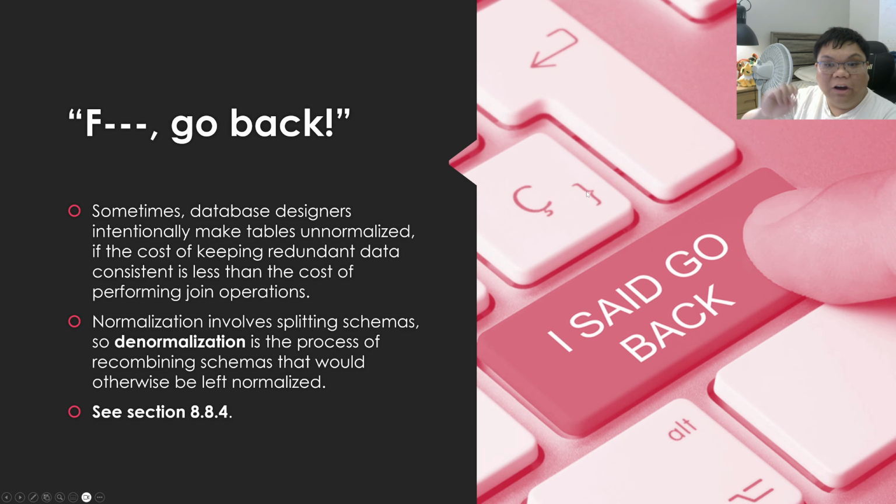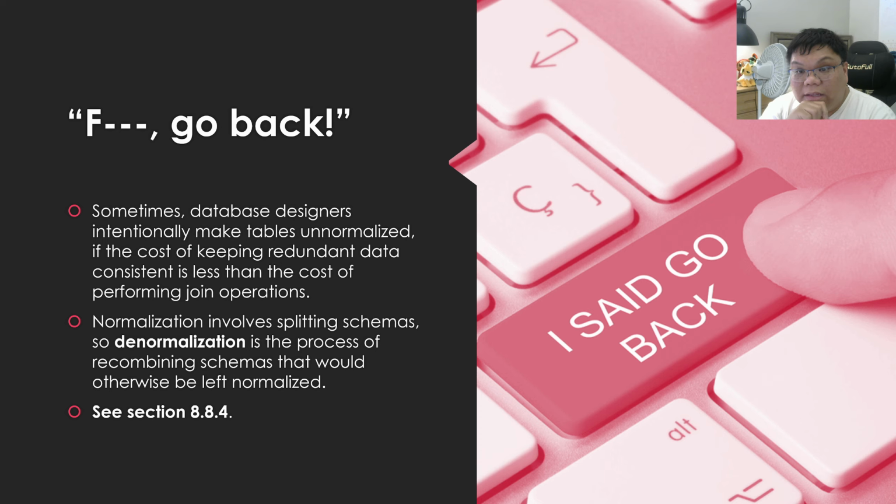Sometimes it's possible to go too far with normalization. So, normalization is where we take a large schema and break it up into smaller schemas. The advantages of doing so is that it's easier to maintain data consistency. We also eliminate redundant data.